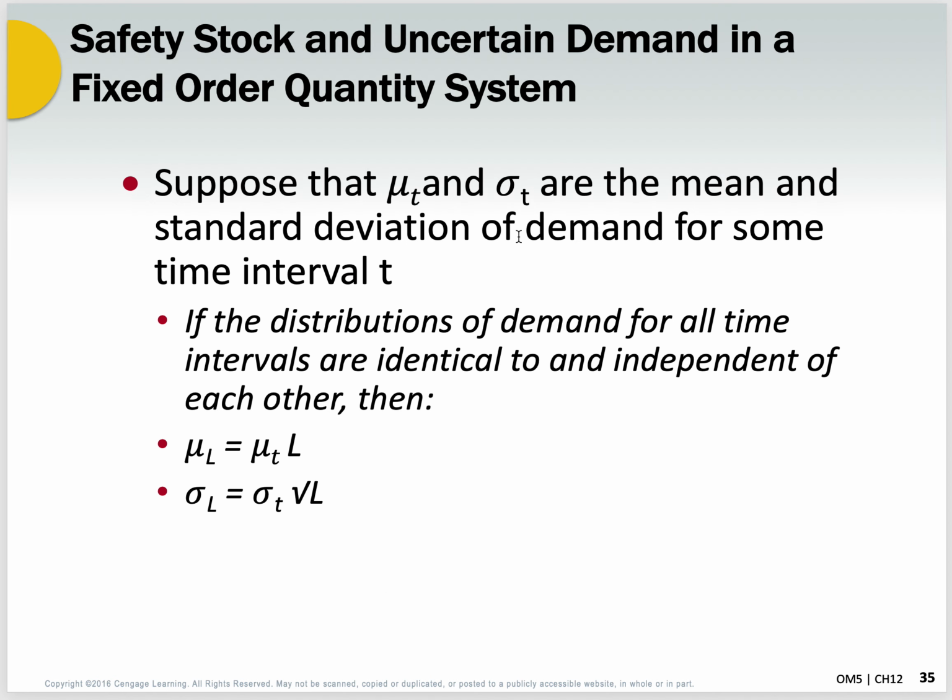Suppose that mu and sigma are the mean and standard deviation of demand for some time interval t. If the distributions of demand for all time intervals are identical to and independent of each other, then mu sub L is mu sub t times L, and sigma sub L is sigma sub t times the square root of L. We'll just give you these.